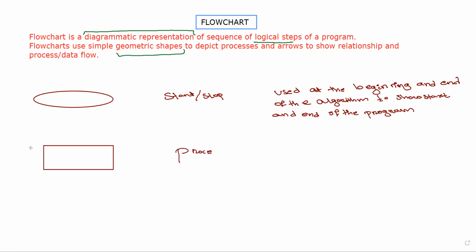The purpose of this one is to indicate processes like mathematical operations.